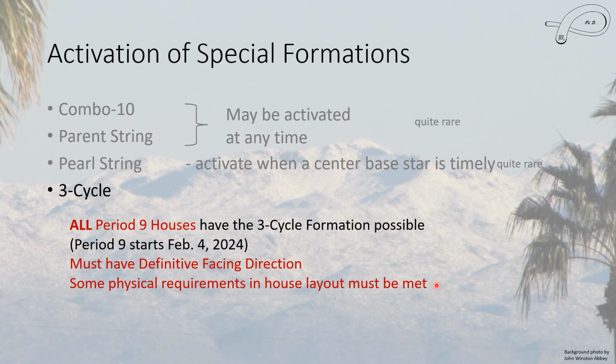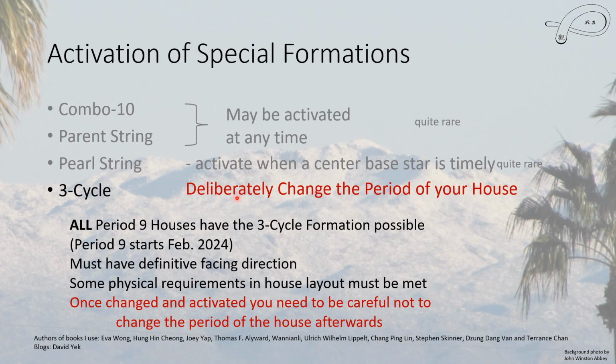But if you have it or can afford to make the changes that are needed, and you do not have one of the other special formations, then what you do is you deliberately change the period of your house. Now, if you have a new house built in period 9, you'll have a period 9 house. If you have a house that's a bit over 120 years old, you also have a period 9 house. And we're talking about this date here.